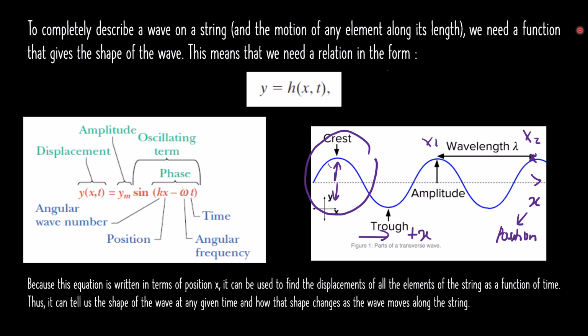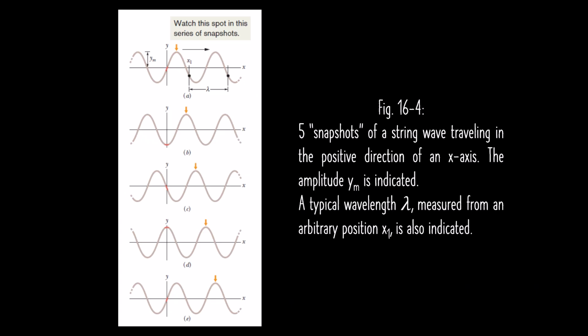This equation helps us visualize the entire wave and track its motion as it moves along the medium. Here are 5 snapshots of a string wave traveling in the positive direction of the x-axis.